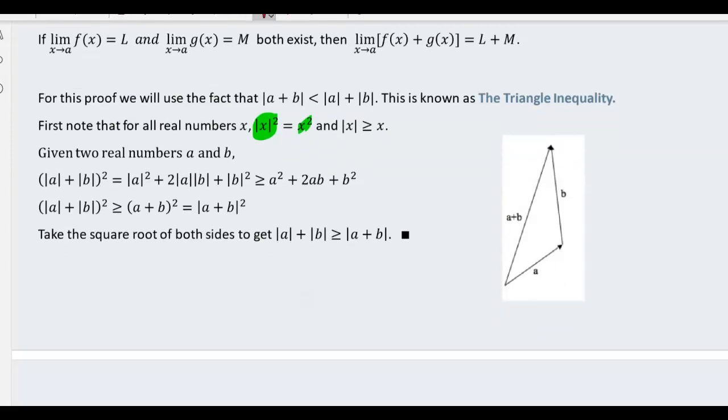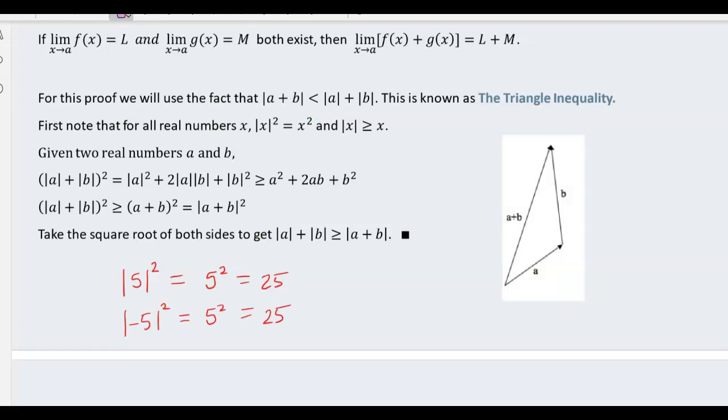Let me give you an example. Let's say we start with a number 5 and we square the absolute value. Taking the absolute value of 5, we get positive 5. Squaring that, we get 25, right? Just x squared. What if that were negative 5? Well, when we take the absolute value first, we get 5 squared. We still end up with 25. So it's just saying that if you have an absolute value squared, it's going to be the same as just squaring the number on the inside.